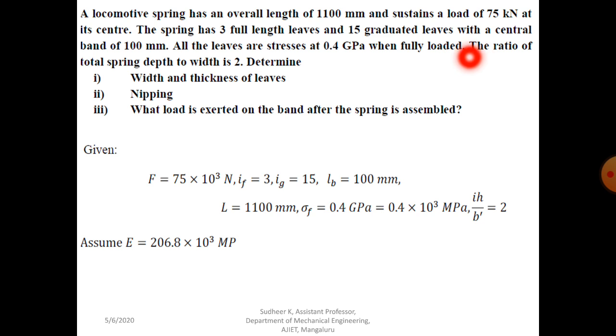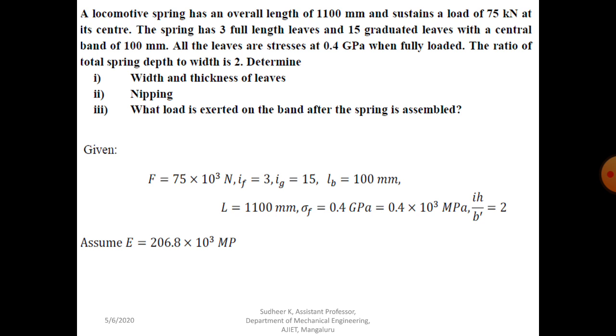With the center band of 100 millimeter, it is denoted by LB, that is 100 millimeter. The overall length of the leaf spring is denoted by capital letter L, that is 1100 millimeter, and all the leaves are stressed at 0.4 GPa when fully loaded.